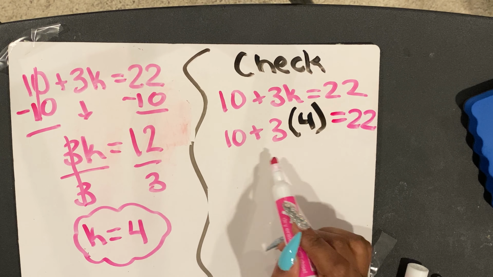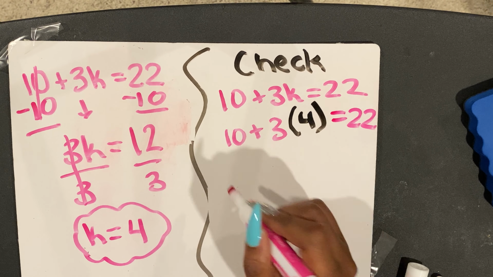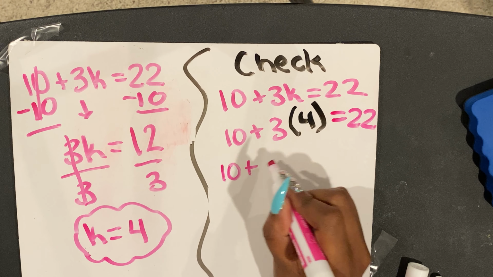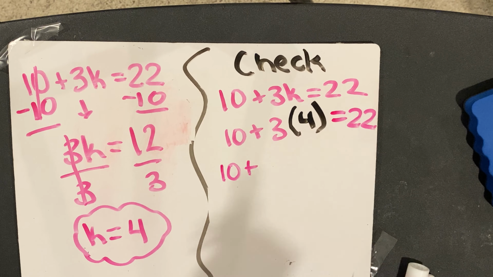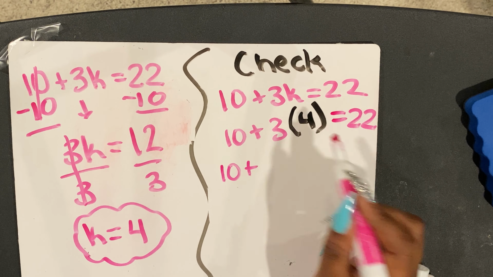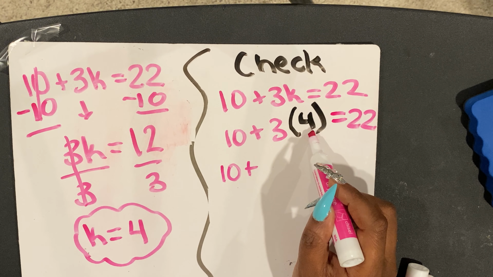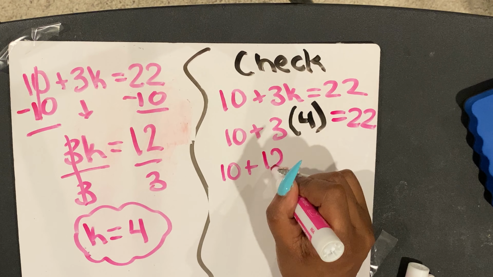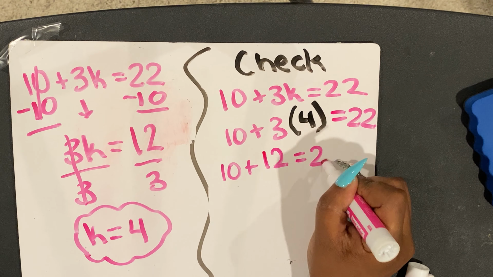So then I do my order of operations. And we did that last week. I reminded you about order of operations last week. Order of operations says I need to multiply before I can add. So 3 times 4 is 12.